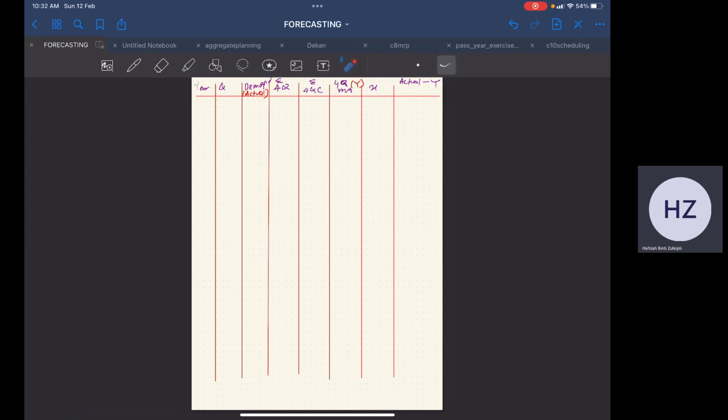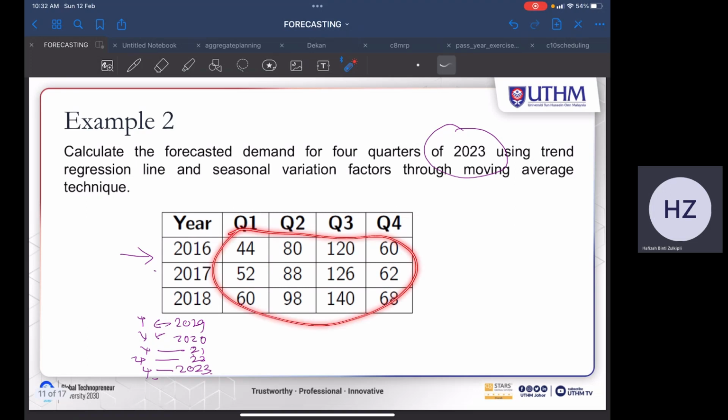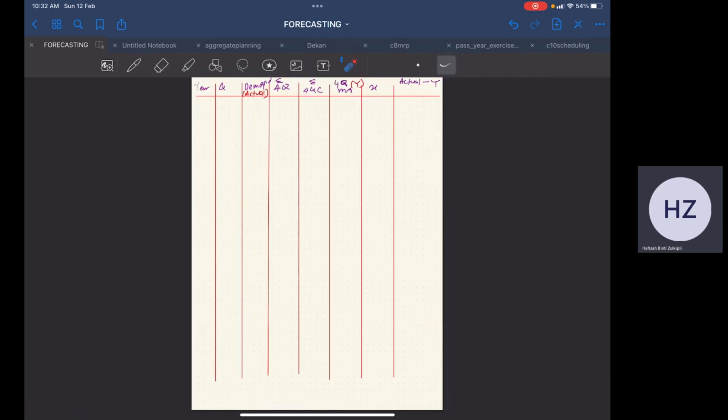Demand is from the actual value here. Then we need to sum the 4 quarters to become the center, and then we find the moving average. Then this is the X, which represents the time of the quarter. And then this is the value, actual minus Y, where actual is from the demand and Y is from the moving average.